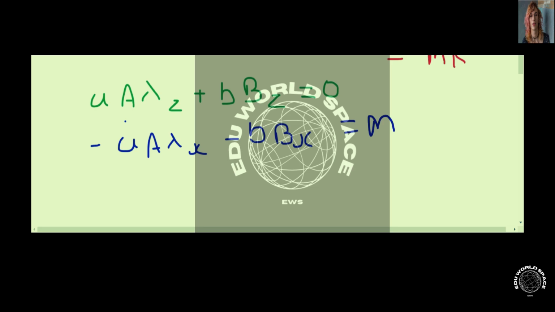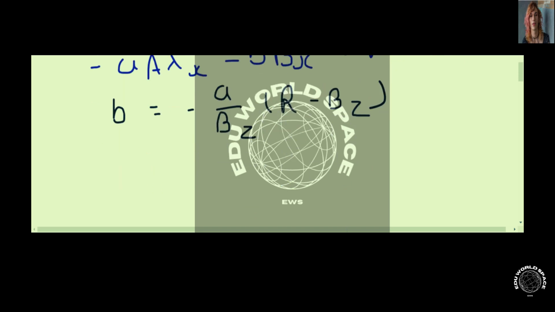Let's find B from the first equation and then put it into the second equation to get the magnitude of FA. So from this we can get B is equal to minus A a lambda z upon bz, into R minus Bz. And the further simplifications give A is equal to minus M upon a R lambda x into bz.